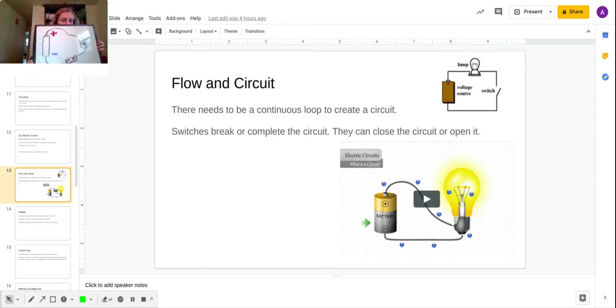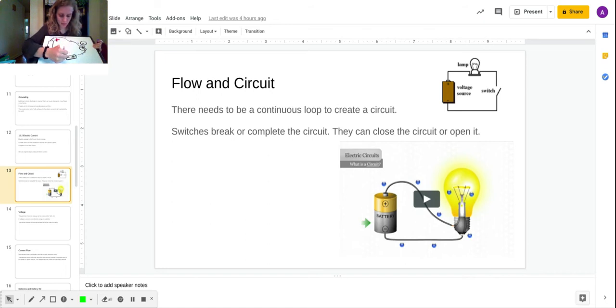I'm going to get used to this because this is backwards. But here I drew a circuit. This is the positive end of our battery. And the little electrons are going to flow. So this is my little electron. It's going to flow around, and then it'll go up into our little light bulb and go down.